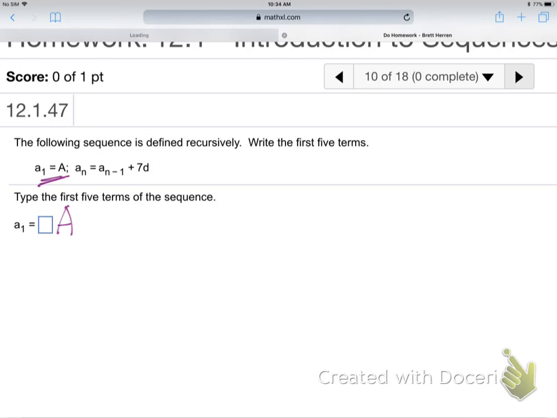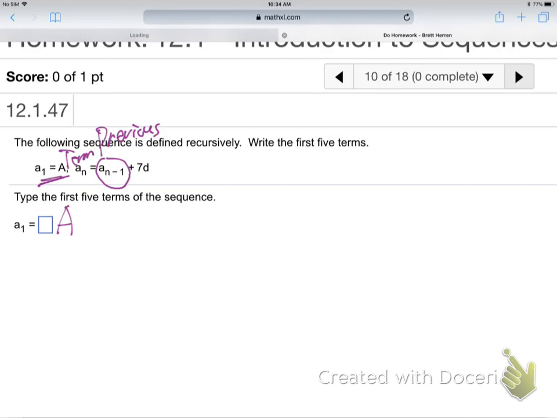And so what does this say? A sub n minus 1, remember what that means, previous. So this says any term is the previous plus 7D, doesn't it?